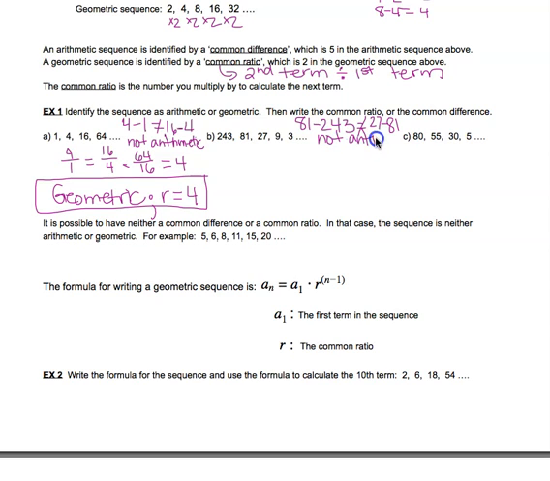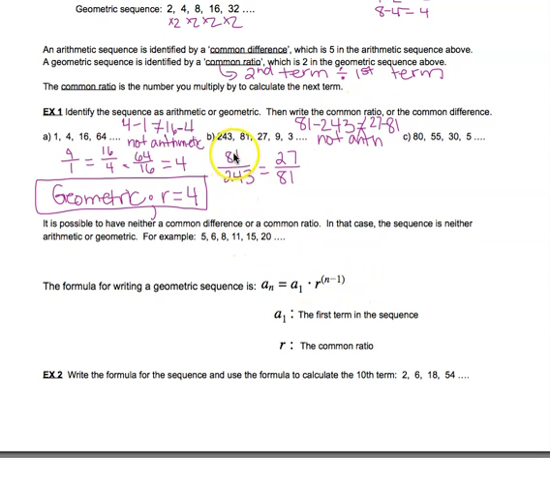And so then we'll look to see if it's geometric. If it's geometric, I would need 81 divided by 243 to be the same as 27 divided by 81. So if I do that on my calculator, 81 divided by 243 comes out to 1/3.